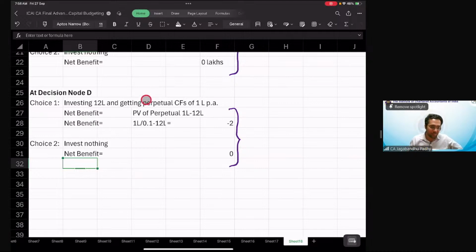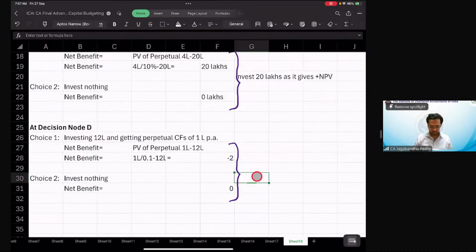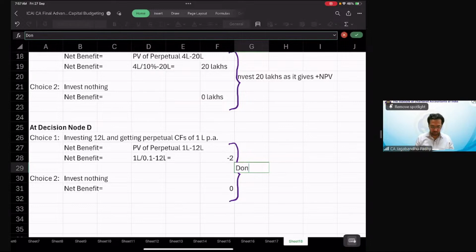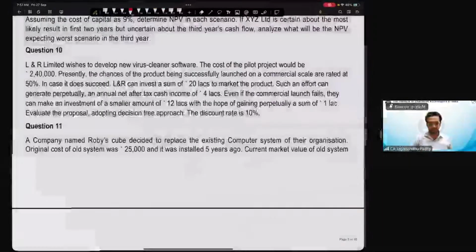So we're not going to invest in this choice number 2. So of course our decision over here is don't invest. So we'll say don't invest in node D. When we are at node D, we are not going to make any investment.